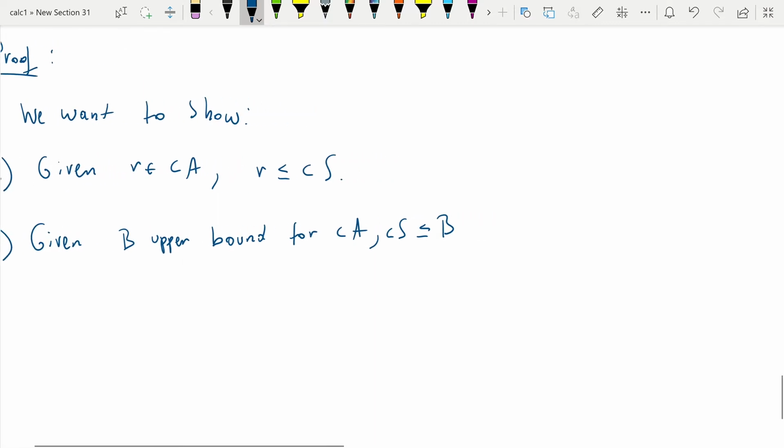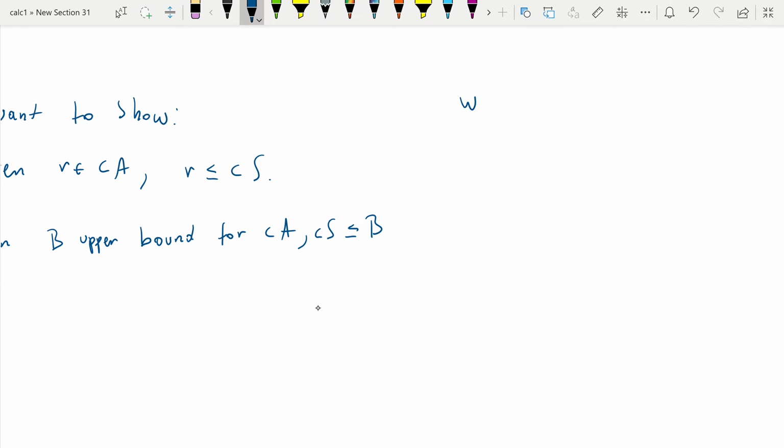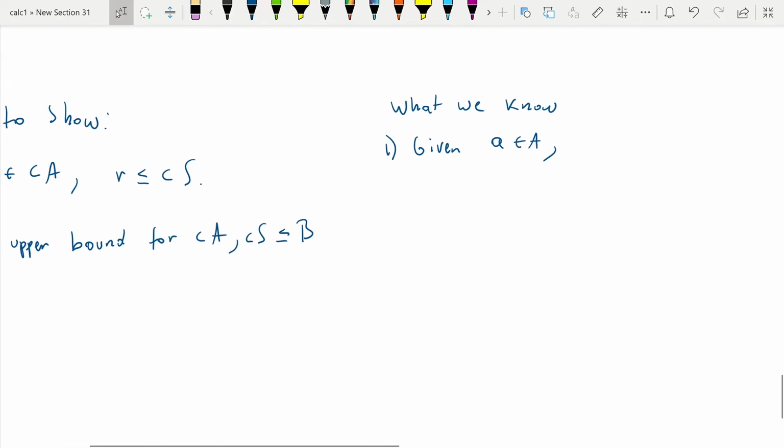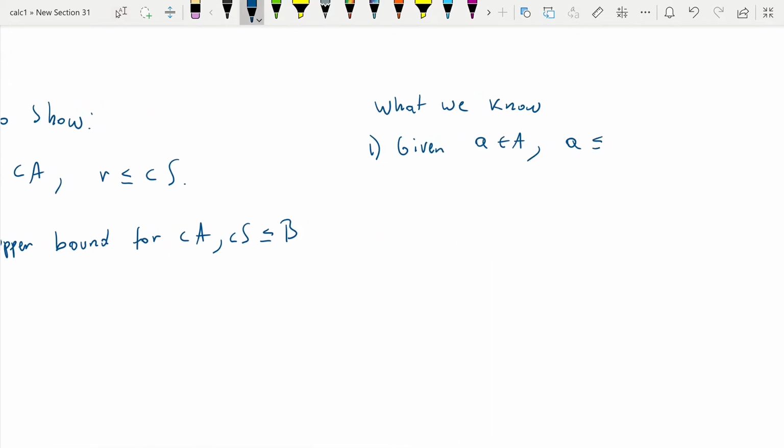And what do we know? What we know is that, one, given a in A, a is less than or equal to S, because S is an upper bound.